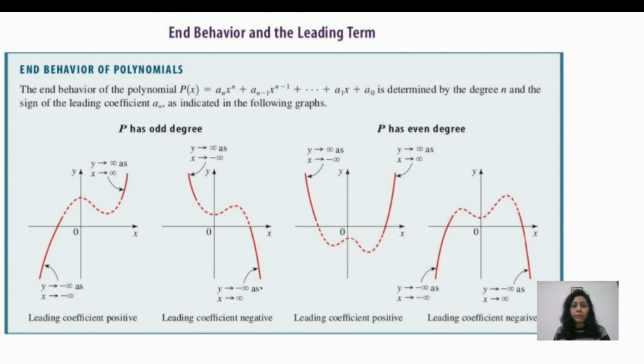So these are the four types of graph: if P has odd degree like this, if P has even degree like this, and it depends on the leading coefficient sign. So it is very simple if you know this information.